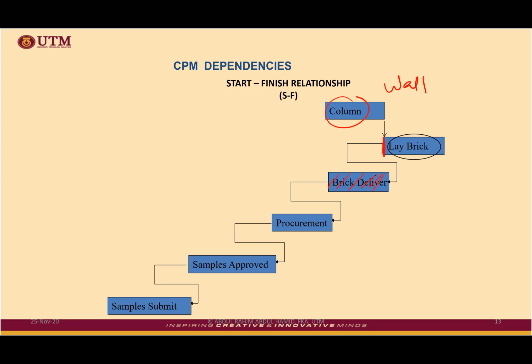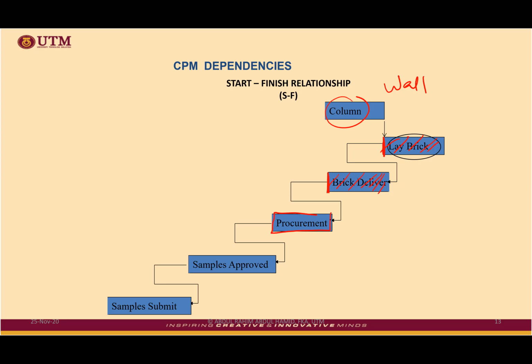Brick delivered. The brick is already there. The delivery of the brick has been done or performed. Then only will you have the brick available to start laying the brick. Just something like that. And then to start the brick delivery, you must complete the procurement.